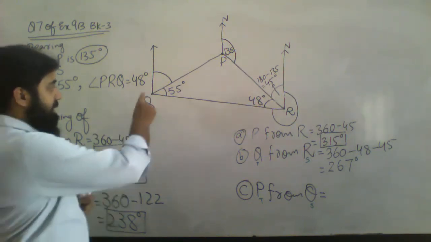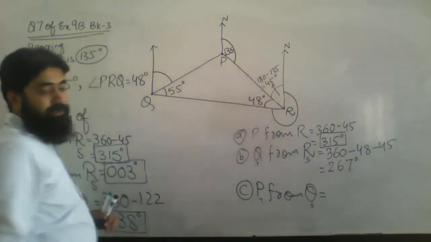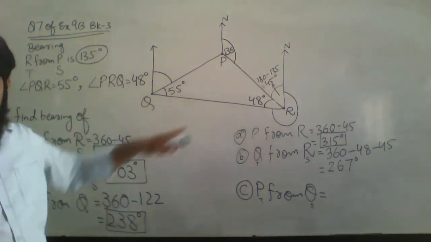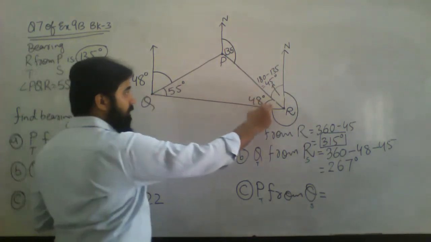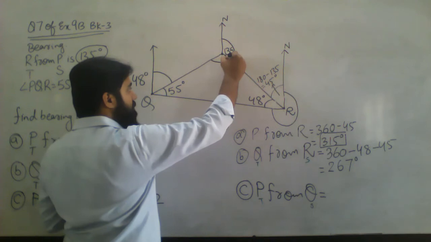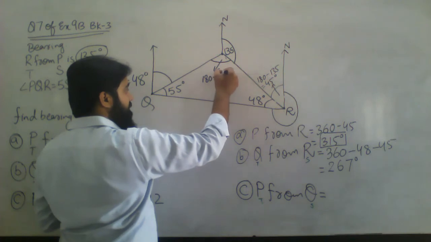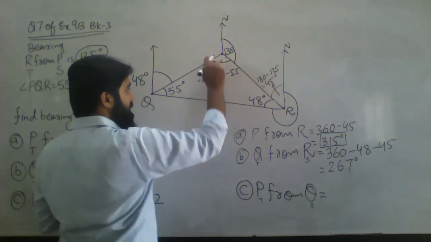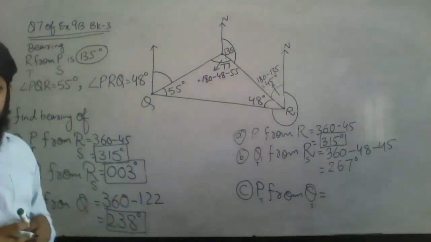This is given to me as 55, this is given to me as 48. So, can I find this one? Because it's a complete triangle, I can simplify: it will be equal to 180 minus 48 minus 55. The result for this one is 77.